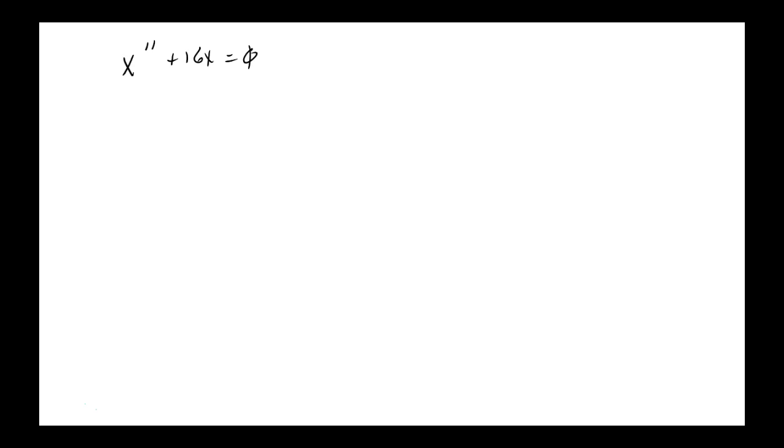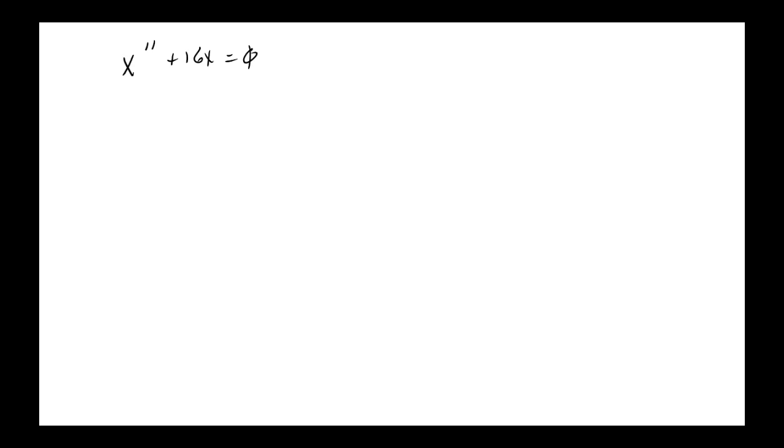Now you have something whose second derivative is a negative multiple of your original function, okay? Now, if it was x double prime minus 16x equals 0, then you could say x double prime is equal to 16x. Well, that would be an e function again, but it would be e to the 4t or something like that, because you do it twice and you get 16.